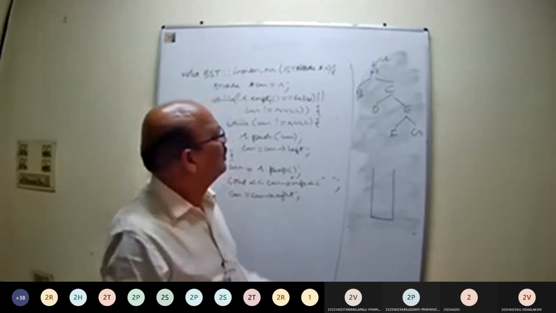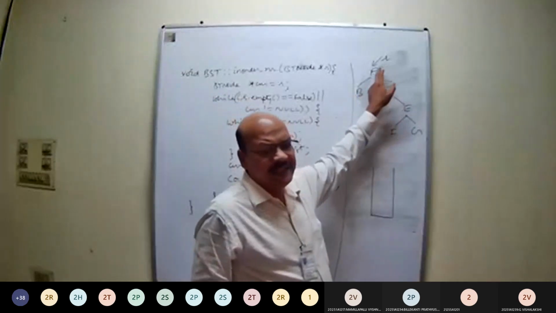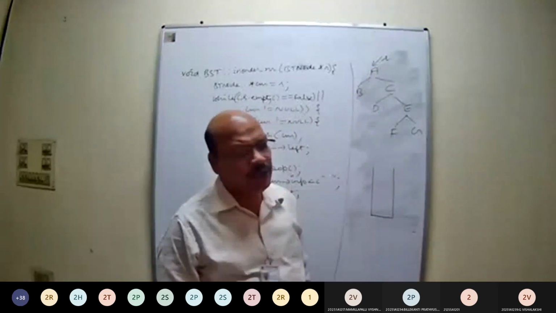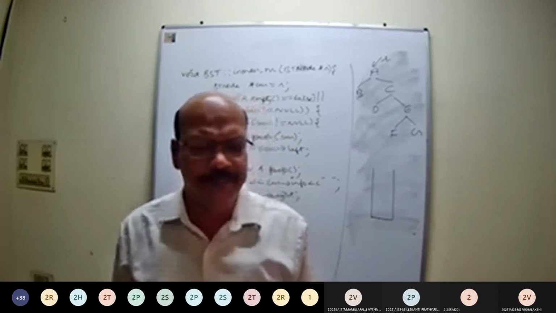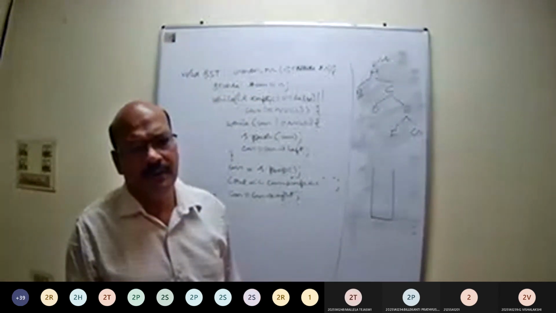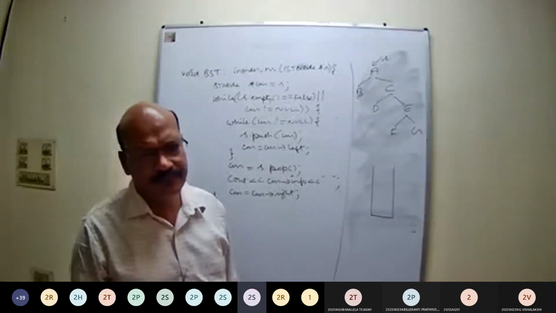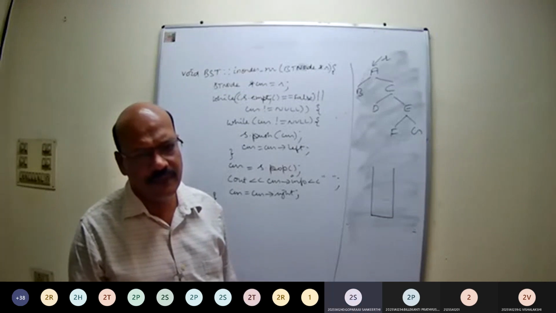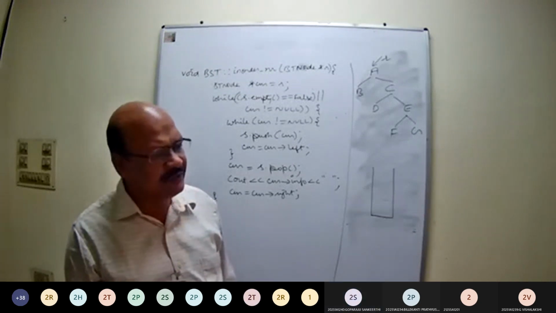So first, we'll make the temporary pointer point to A. Now, what is the second step? We have to check the left chain, sir. Yes, it has a left chain.